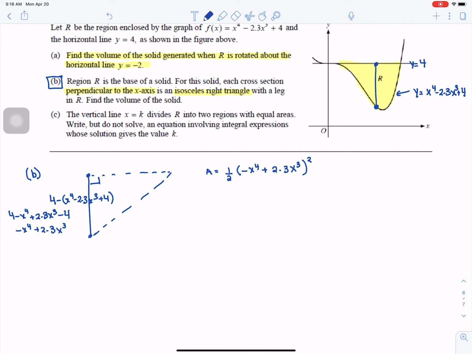I square it. The volume will be from the intersection point, where the shading starts. We should draw it a bit over. Where shading starts, we're going to call this point A. Where shading ends, we're going to call this point B. We need to find A and B using our calculator.